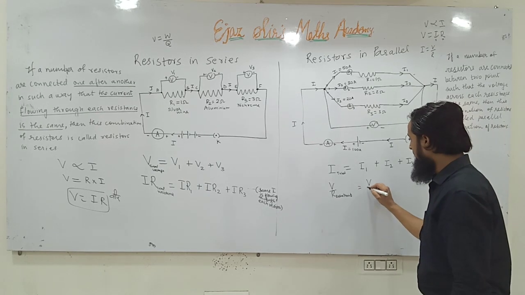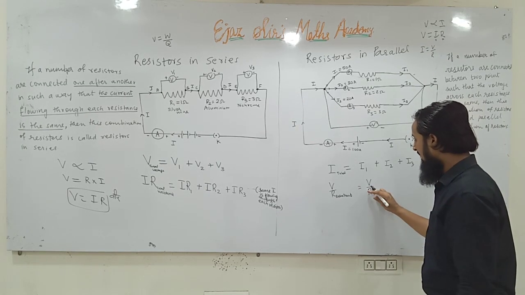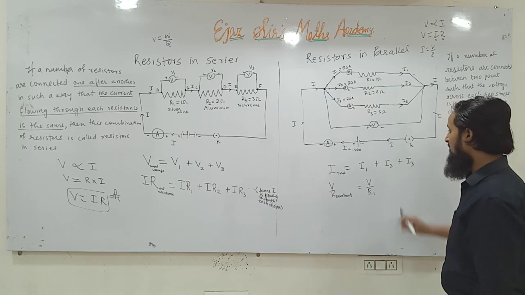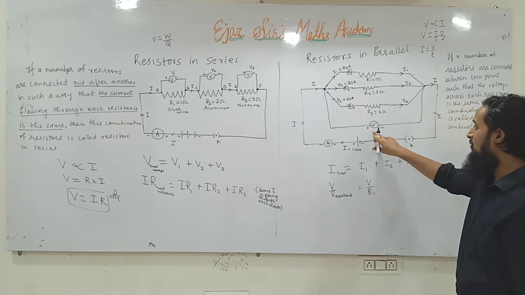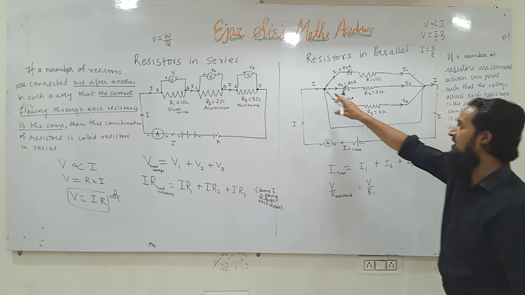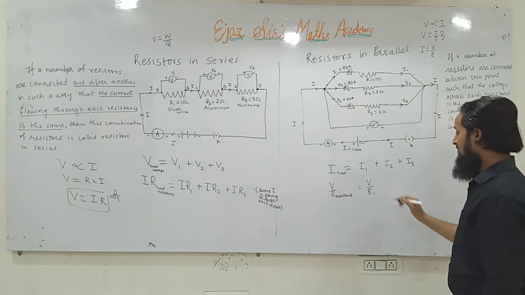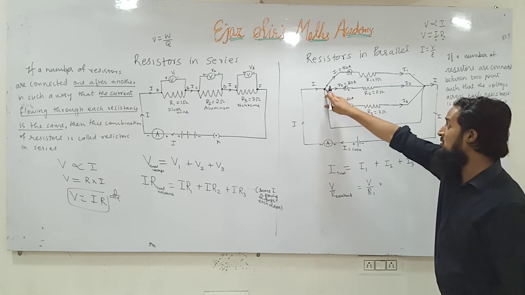It is equal to V by R1. Why am I not writing V1, V2, V3? Because in parallel combination, voltage remains the same. We will have the same pressure here, here, here, because they are coming from the same source.